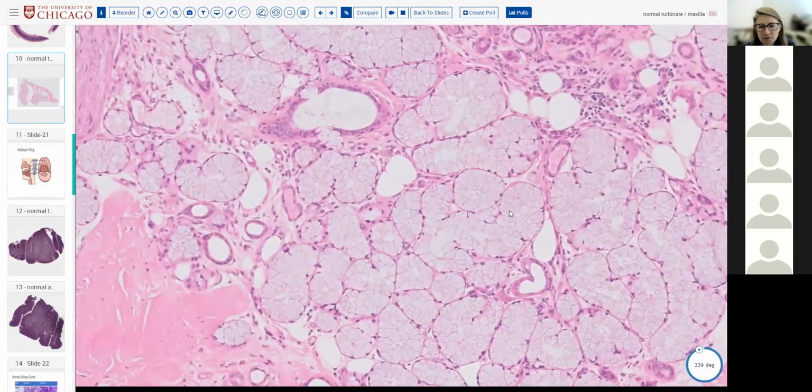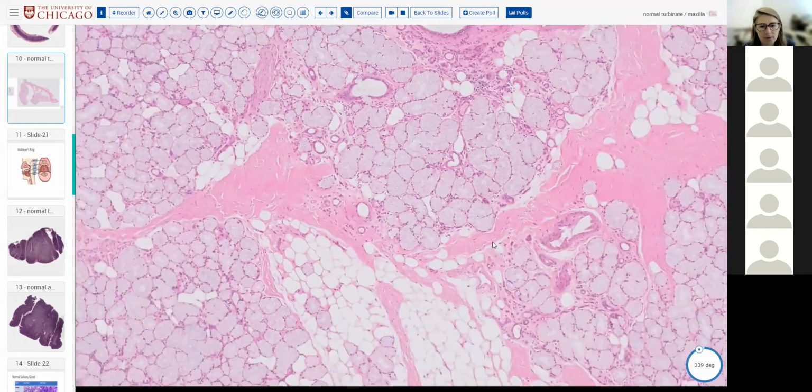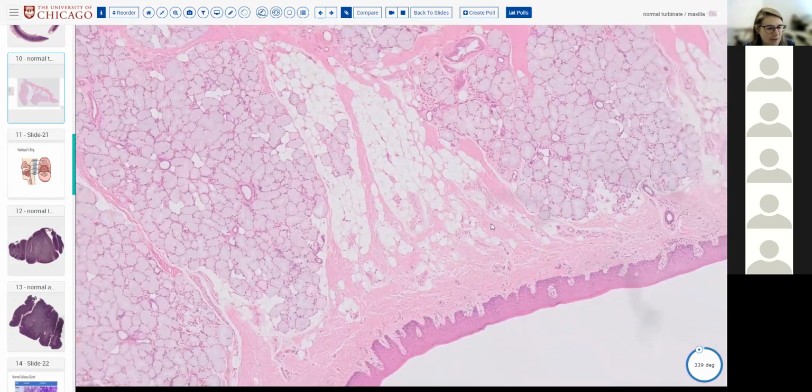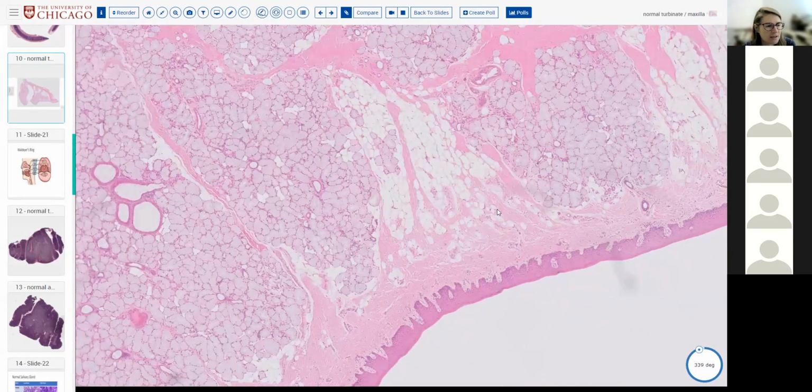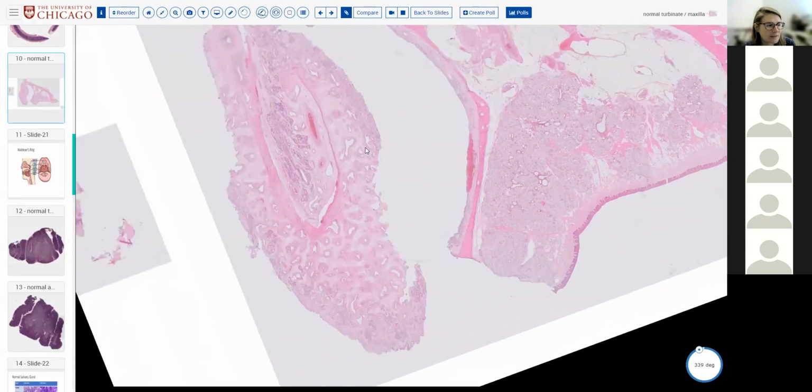Are these serous or mucinous? Are they white or purple? White. Mucinous, awesome. Don't worry, we'll get to the glands outside more in a second. And then here we have squamous. So we have some respiratory epithelium, some bone, some mucinous glands, then some squamous epithelium.